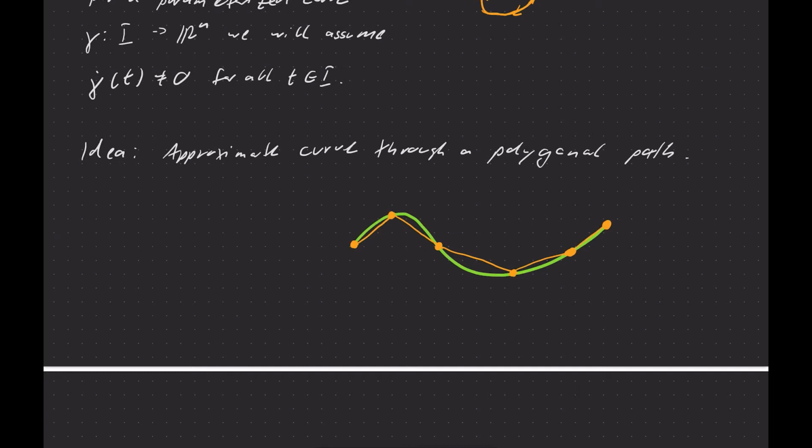All of these orange lines are straight, so we can compute the length of that polygonal path easily. And we call these points, or the times that correspond to the points on this curve, t0, t1, t2, and so on, in this case up to t5.